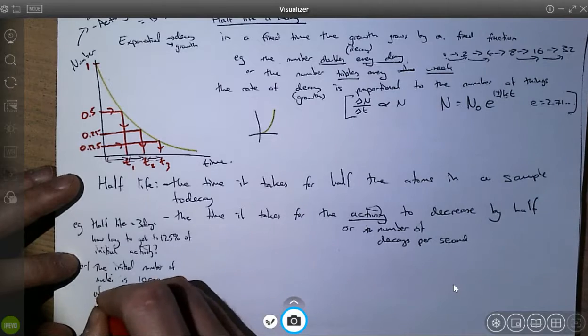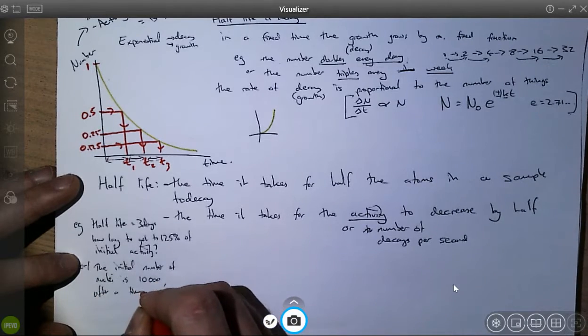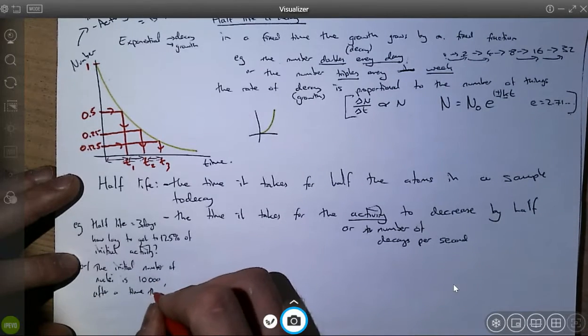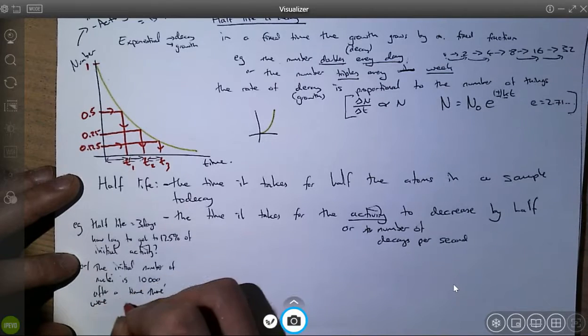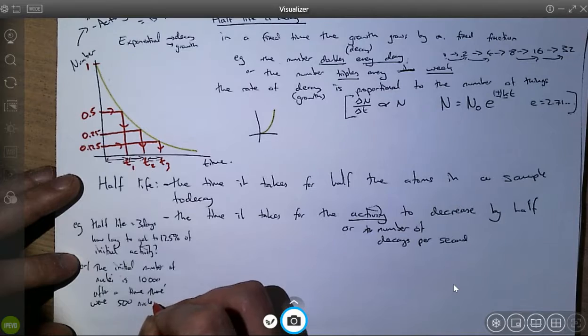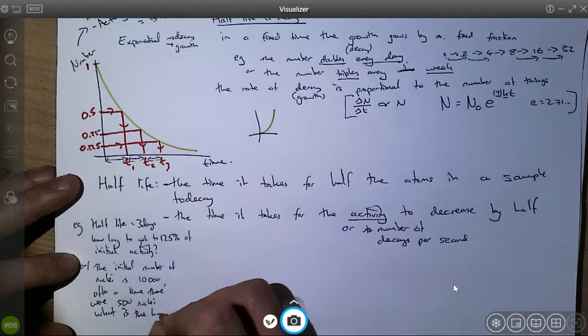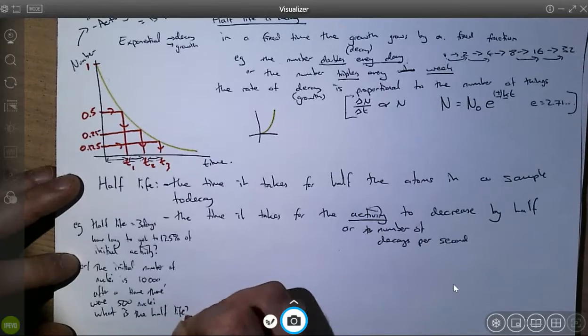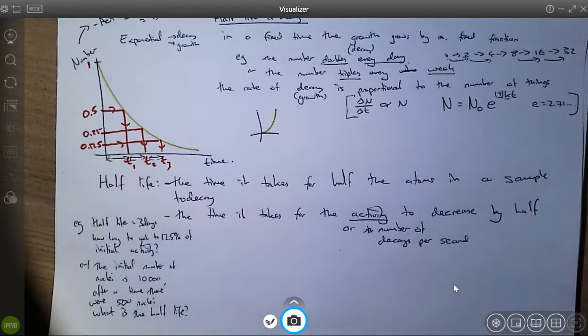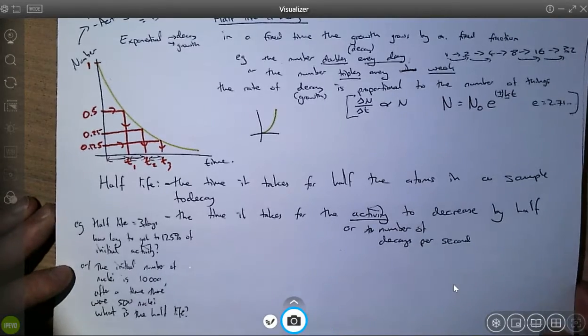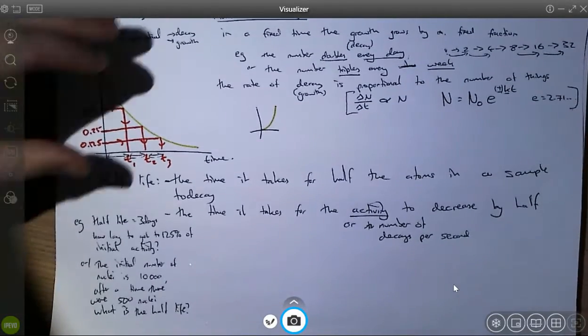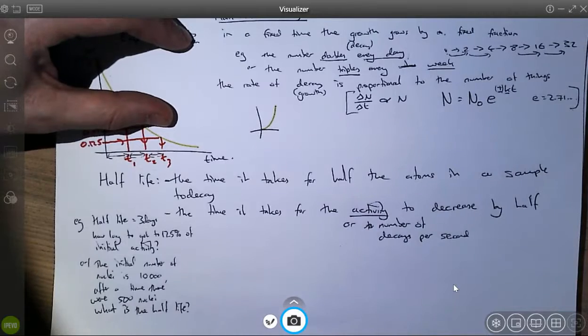After a time, there were 500 nuclei. What is the half-life? Now, good students will quickly figure out quick ways of doing this. I would encourage you to teach it in a very specific way, because this is accessible to all students.